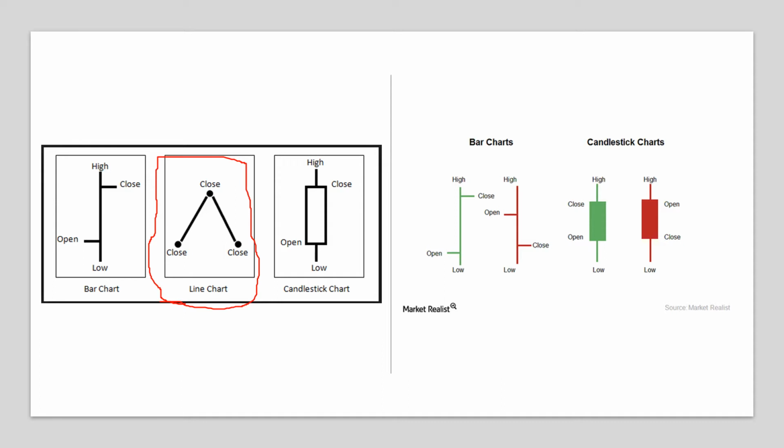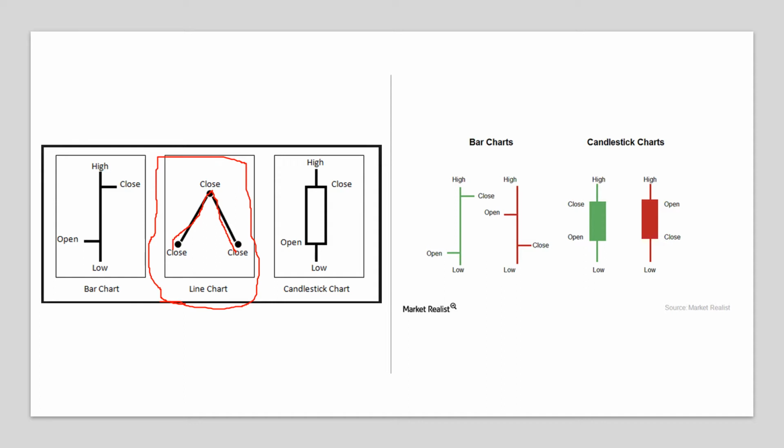But let's say for the sake of this example, this is an hourly chart. Now this line chart is only going to show you the close every hour, the closing price of the particular stock you're looking at every hour.